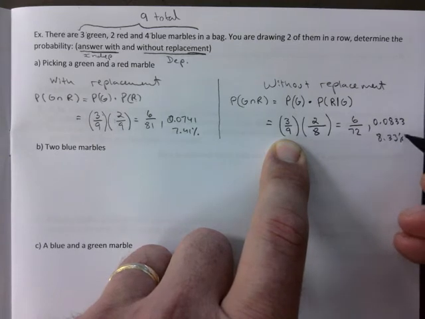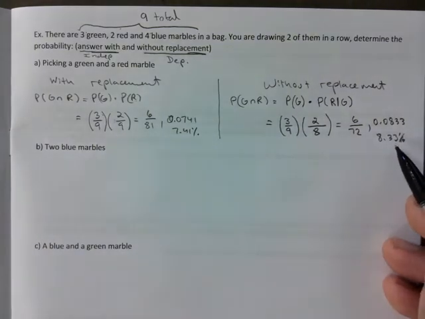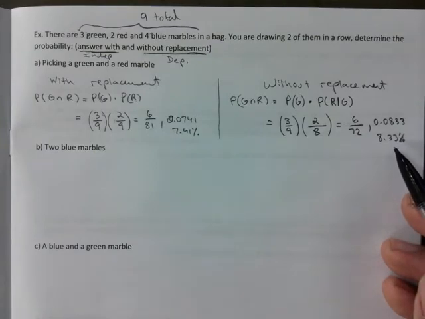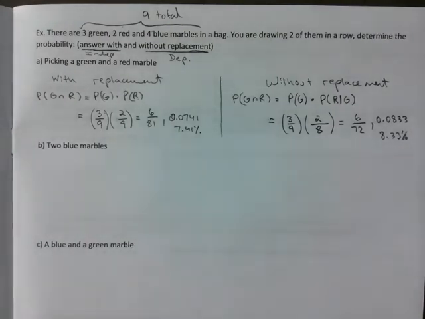Does that answer make sense? Is the probability a little higher? If you think about it, it is. As you're removing things from the basket, in this case, you still have the same amount of reds left on the second grab, so yes, your probability is slightly higher in this case.